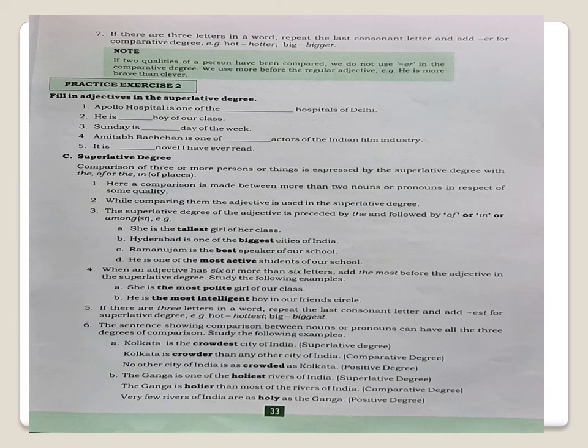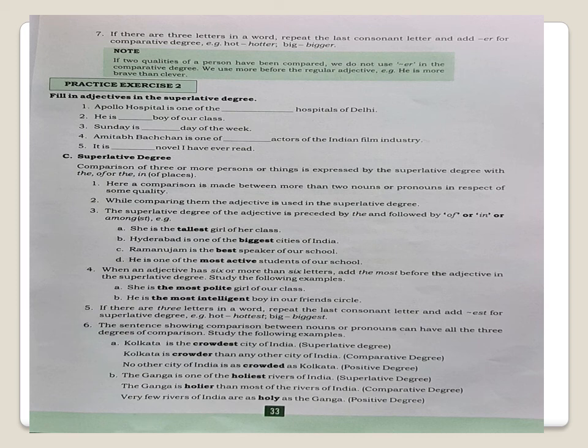In the comparative we used more polite, but in the superlative degree, she is the most polite girl of our class. Polite is a 6-letter word, that's why we have used most here. He is the most intelligent boy in our friend circle. We have used most again, because the word intelligent contains more than 6 letters.